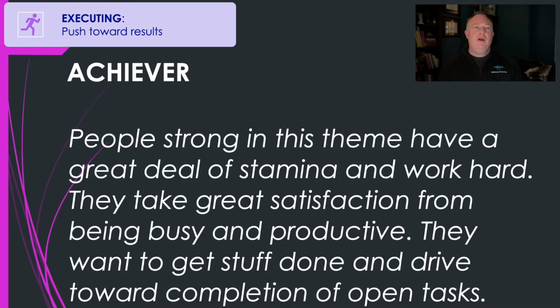A DJ with a poor use of achiever might be in the case of when a DJ has that same kind of list of tasks and they basically have to check off every box, even when sometimes they're not needed. Maybe some of the tasks are not needed or some of the questions are not needed.